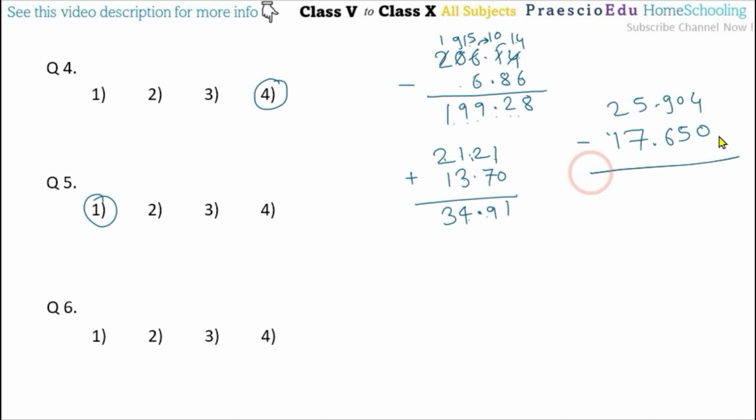Here we will maintain the 0, so 4 minus 0, 4 as it is, but 0 minus 5 is not possible, so it will become 10 after borrowing from this one, and it reduces to 8. So 10 minus 5 is 5, 8 minus 6 is 2, then the decimal point as it is. Now 5 minus 7 is not possible, so it will be 15 after borrowing 10 from here, and this will be 1. So 15 minus 7 is 8, and 1 minus 1 is 0, so 8.254, and this is given in option number 4.